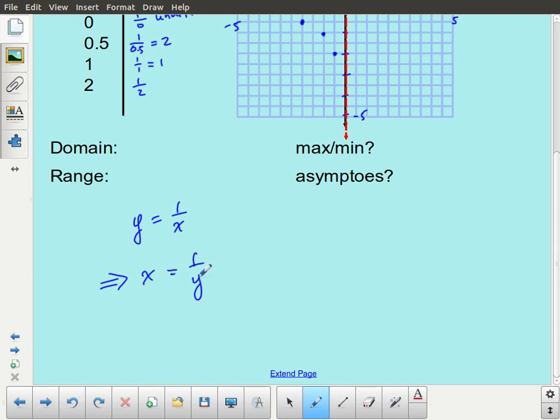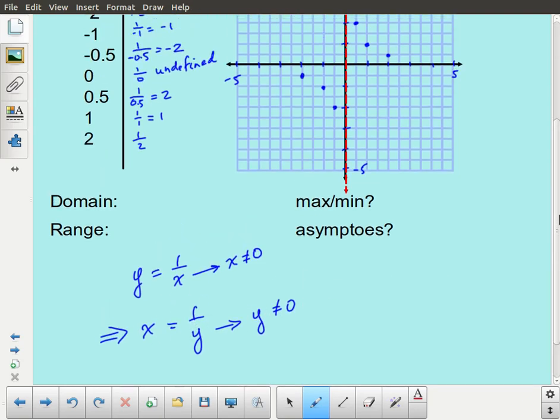And you can see when I do that, 1 over y, well, this means that y is not allowed to be equal to 0. This one, where x is in the denominator, means that x is not allowed to be equal to 0. And if I just rearrange this very simply, I get y is not allowed to be 0.